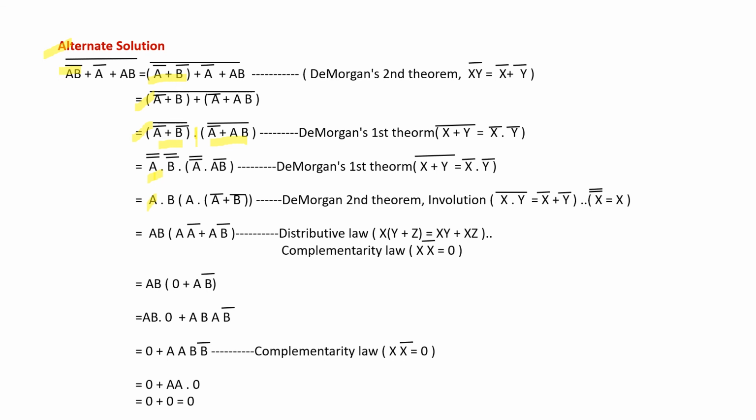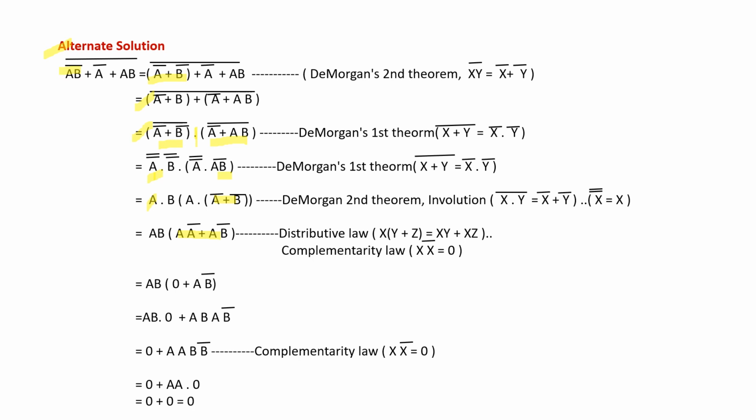We apply De Morgan's second theorem on this part, which is (AB) complement, and we write it down as A complement OR B complement. In the next step, we apply the distributive law as specified, and we get AB AND A complement ORed with A AND B complement.